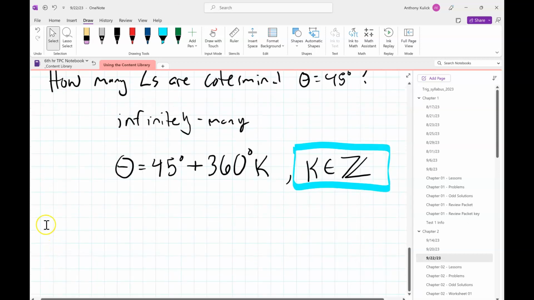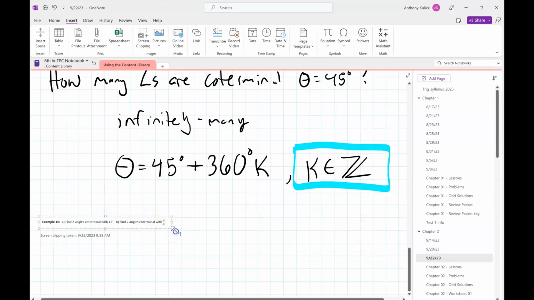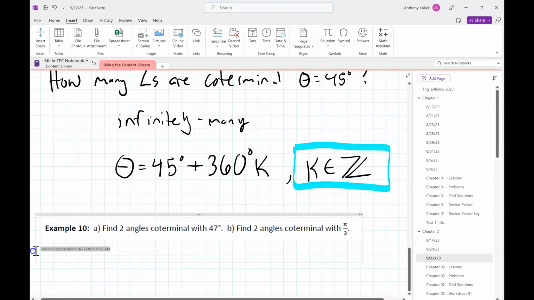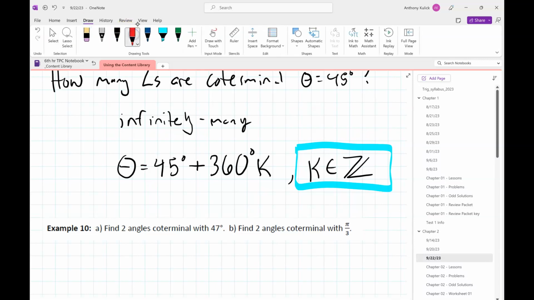Let's do an example here to kind of continue playing with this idea of coterminal. So let's say we want to find two angles coterminal with 47. Take a moment, try to do that. We'll take some answers in a second, but take a minute. See if you can find two angles coterminal to 47. If you need your calculator, pull it out. No biggie.